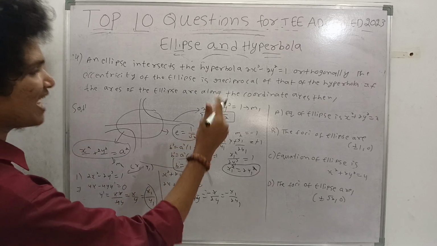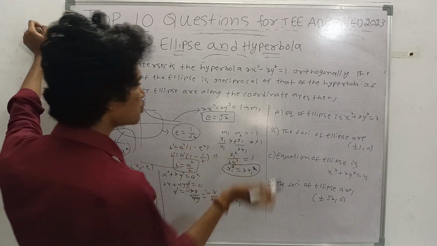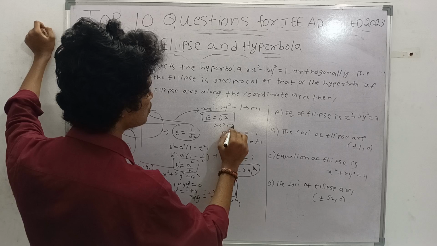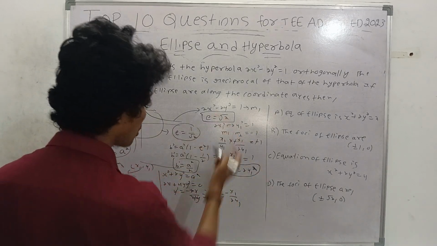If you observe carefully, the x1 and y1 points we calculated are at the point of the slope. So we can substitute the x1 and y1 point in the hyperbola equation. What will we get? 2x1 square minus 2y1 square equal to 1. Since x1 square equal to 2y1 square, I can substitute it here.